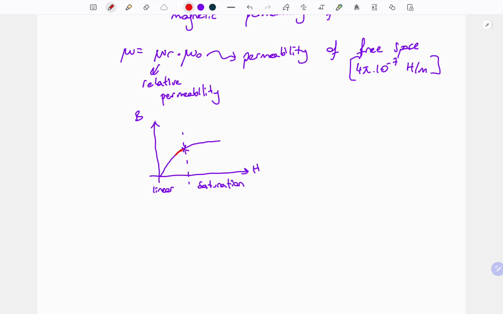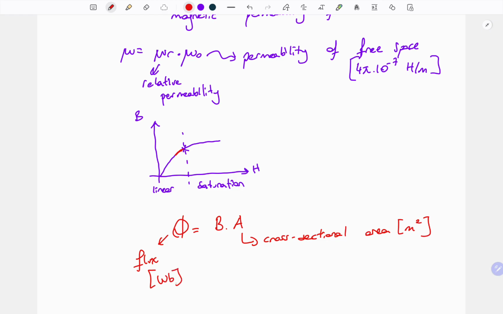With the flux term. So flux is defined as B times A. B is the magnetic flux density, and the cross-sectional area is A in meter square. And this is the flux. The unit is Weber.